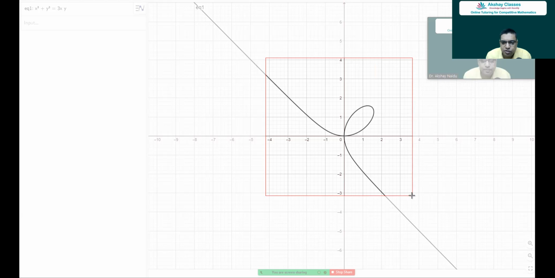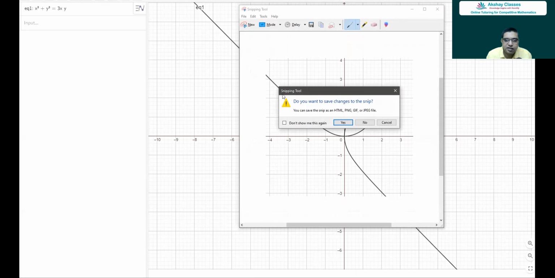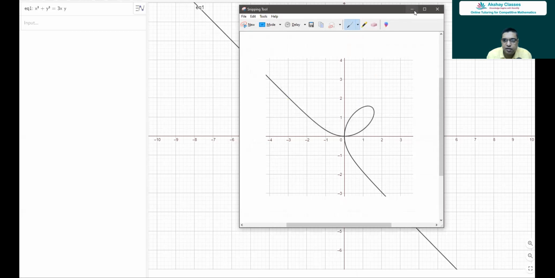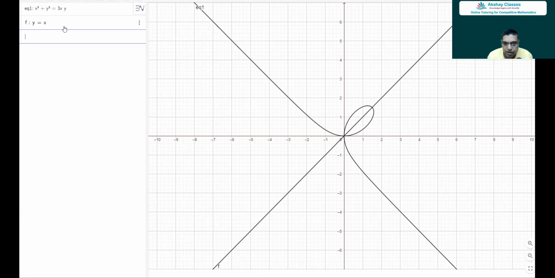I'm just talking about the symmetry part, but I will also talk about how to trace this curve later. But right now I'm talking about the symmetry part. We have to show that this curve is symmetric about the line y equal to x. I'll change the color of y equal to x.